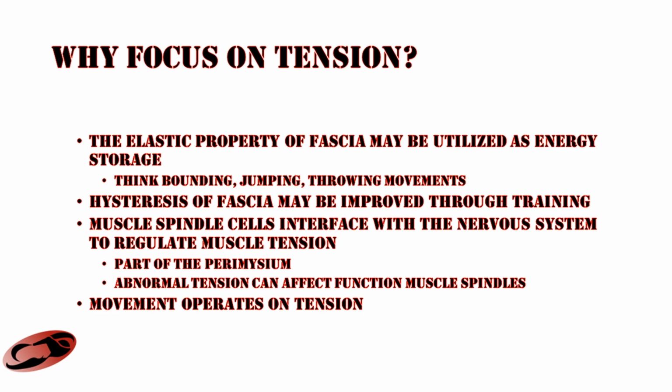And so since these sense tension and are part of a feedback loop to the central nervous system to regulate the muscle tension, abnormal tension in the fascia due to adhesions or something that's suboptimal or out of the ordinary for that particular part of the body will influence the muscle spindle cells and either cause muscles to overactivate or underactivate during particular movements.